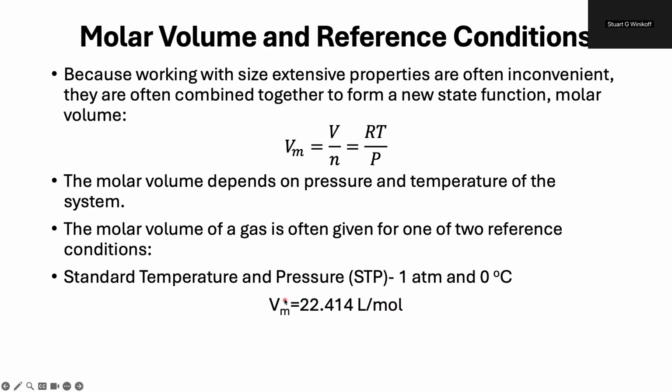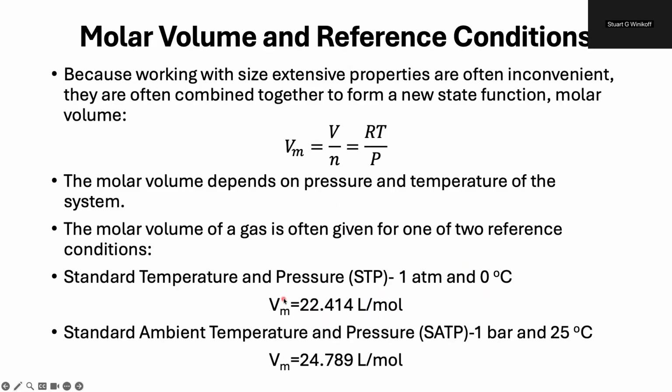However, I tend to prefer a different standard reference point, which is the standard ambient temperature and pressure. So this is SATP. This stands for 1 bar and 25 degrees C, or about 77 degrees Fahrenheit. I tend to refer to this one much more because, as we'll see when we get to chemical systems, this is defined as standard conditions.